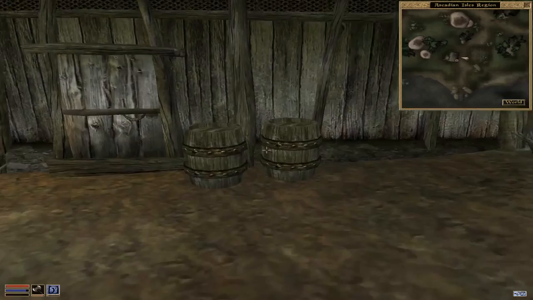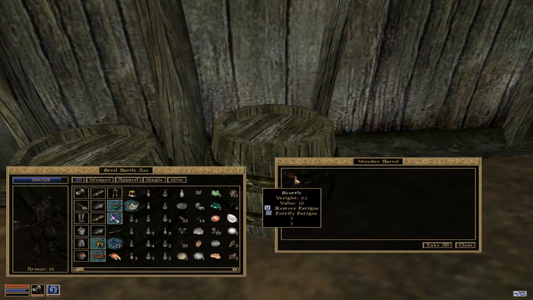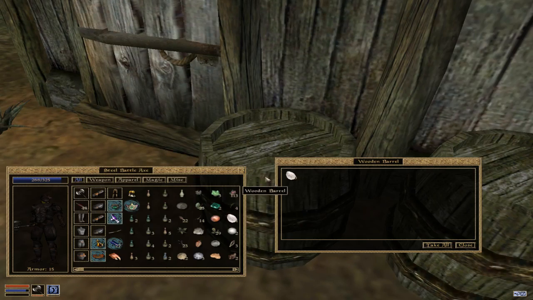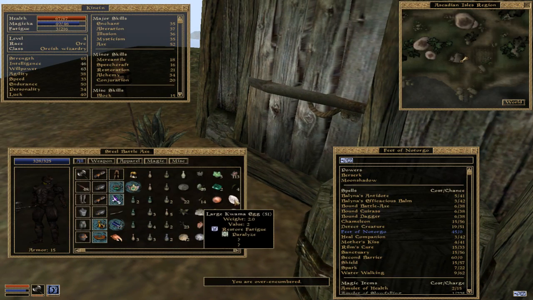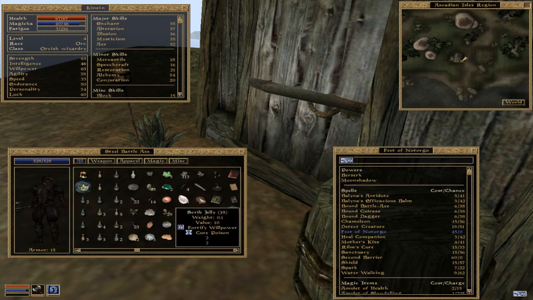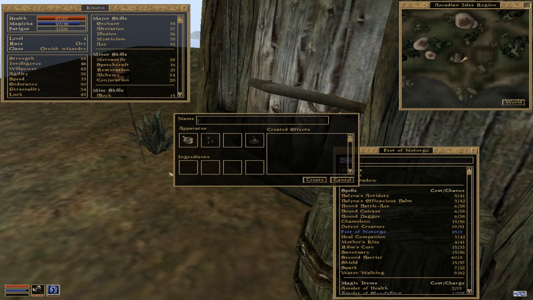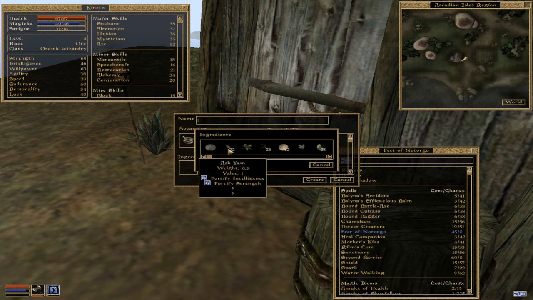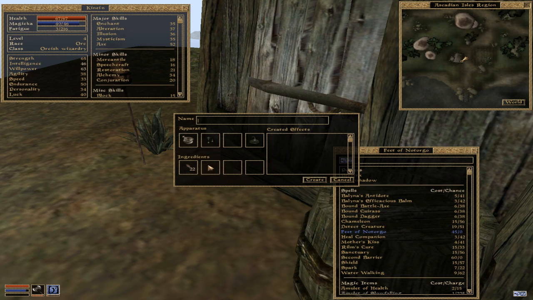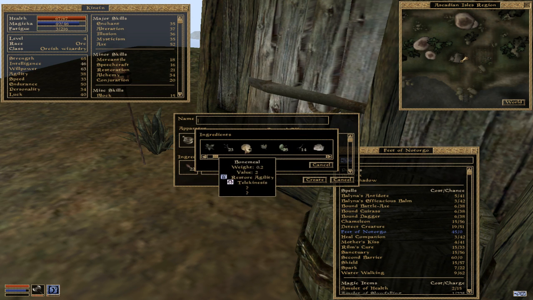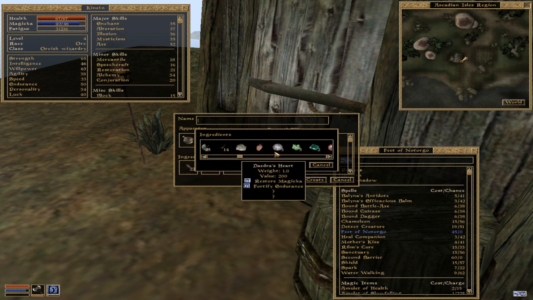This question burns in my mind. We are overencumbered again. There's a ton of eggs there. Could we craft something here? Come on. What's the problem?